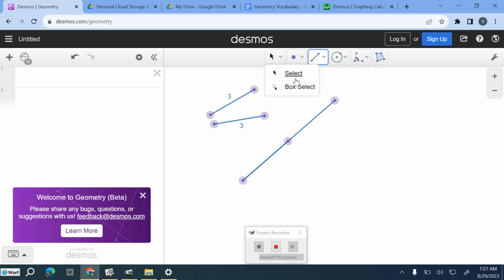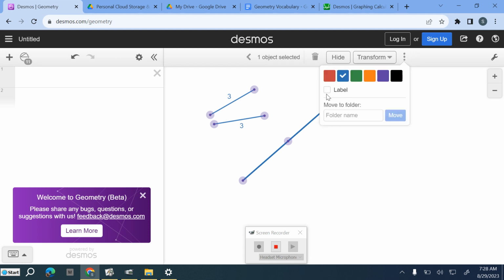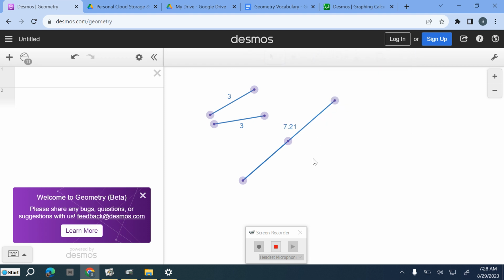Well, I'm going to get the distance of this whole segment here. I'm going to click on the segment and get the distance here. It's 7.21. And now I'm going to get the distance of the smaller segment.